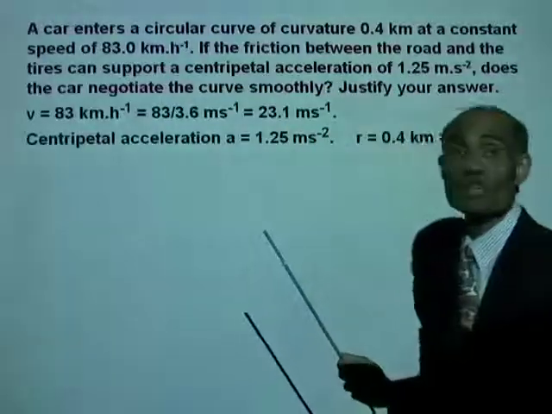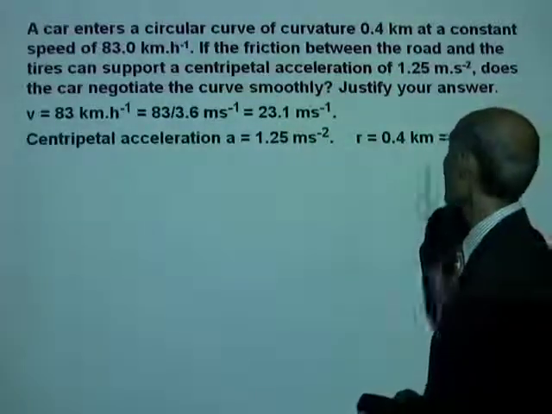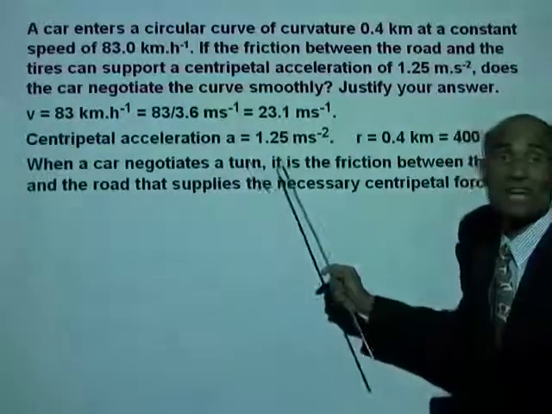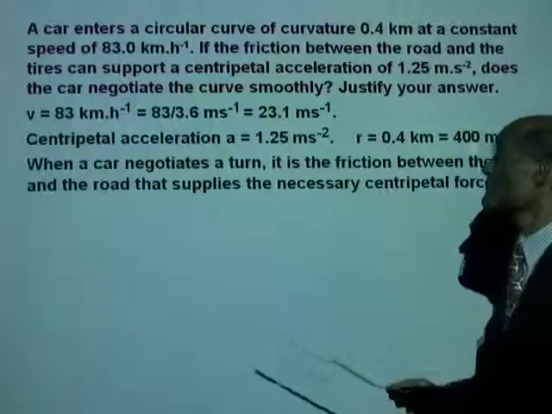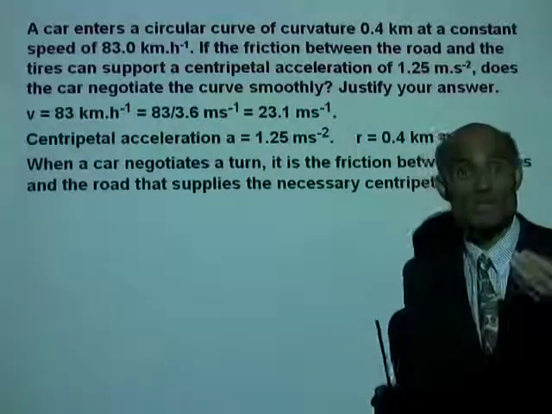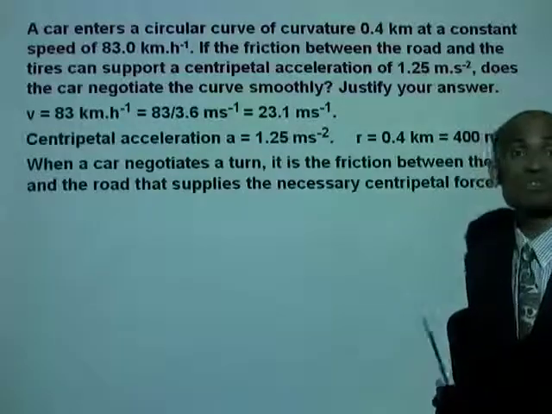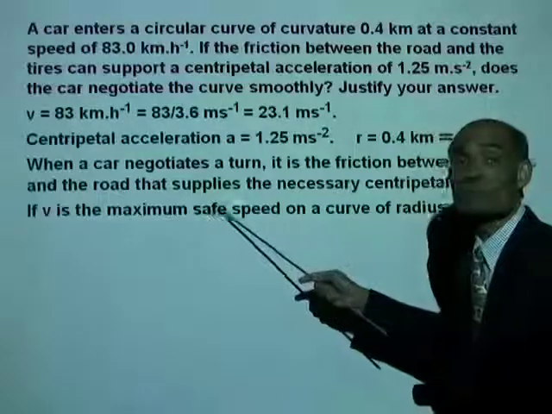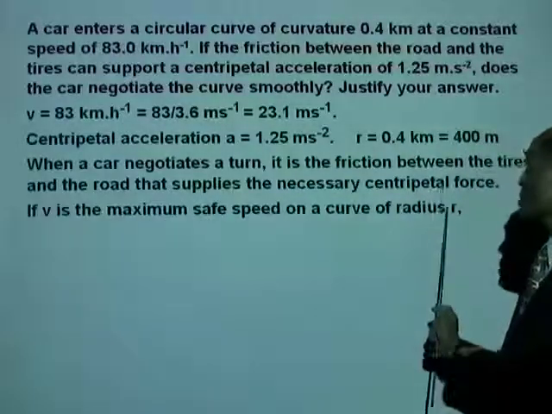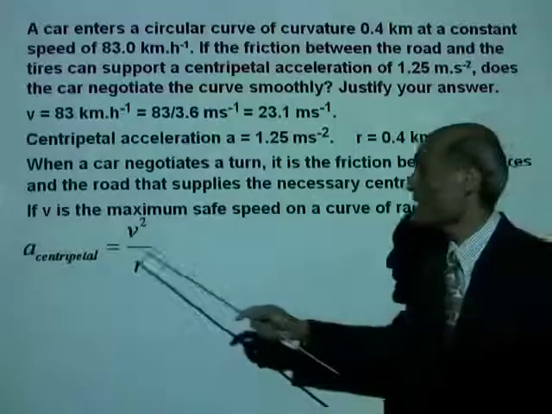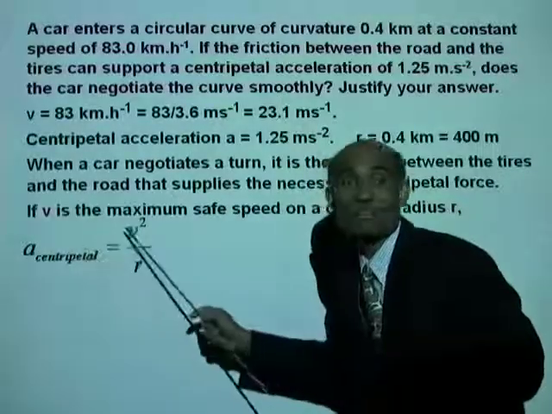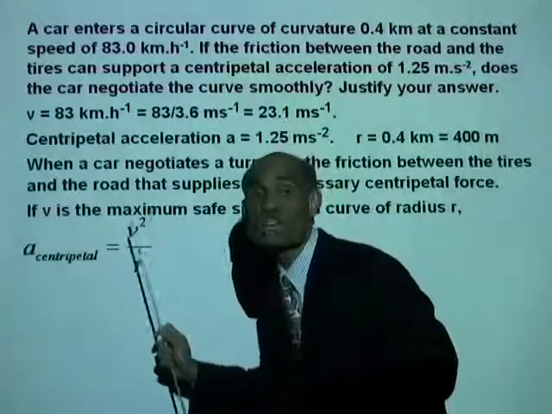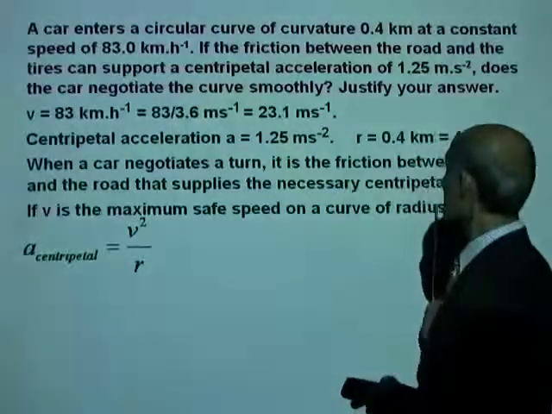So the radius of curvature of the curve is 400 meters. When the car negotiates a turn, it is the friction between the tires and the road that supplies the necessary centripetal force. Now, if v is the maximum safe speed for this curvature r, then the centripetal acceleration is v squared over r, where v is the safe speed for that particular curve.